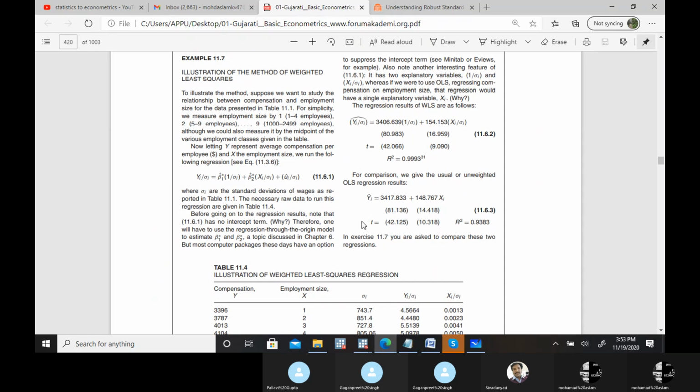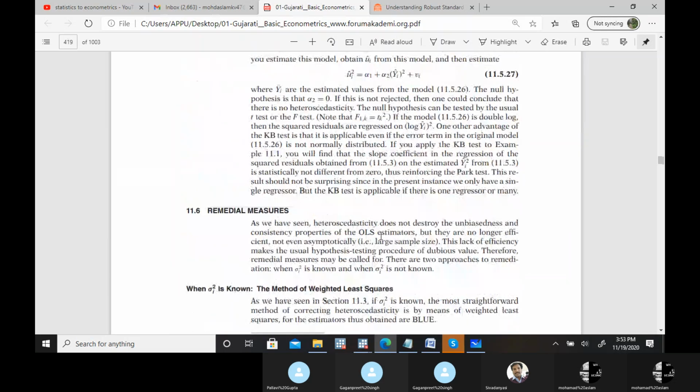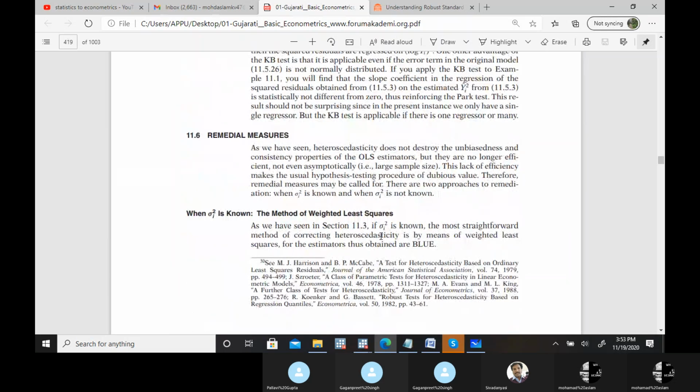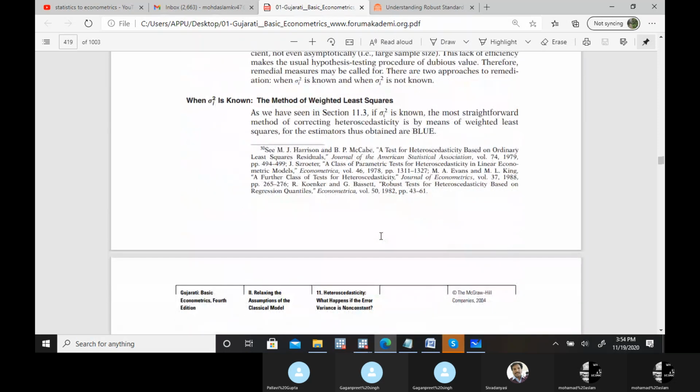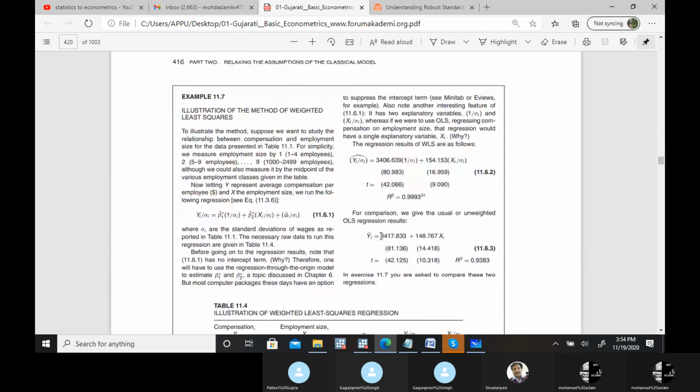So this is the case where we say sigma i square is known. Is it clear? I hope you got this point.